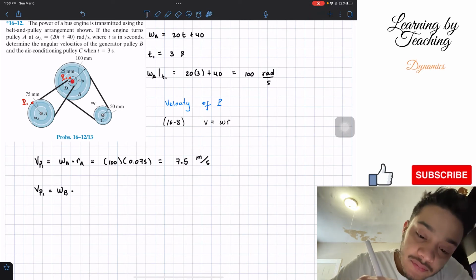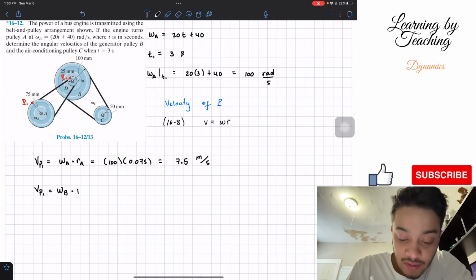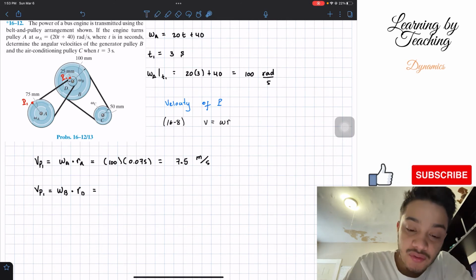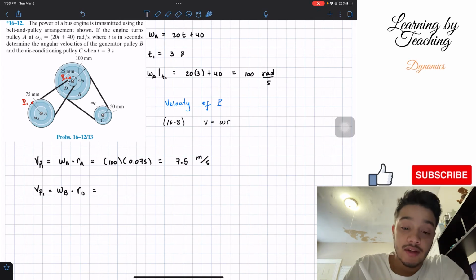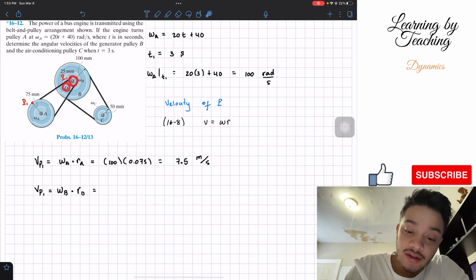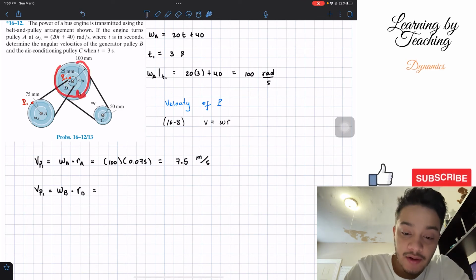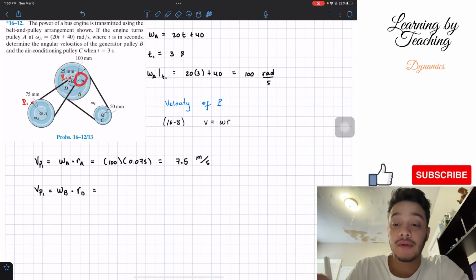The radius from here to there is described by this 25 millimeters, so I'm going to call it the radius of D. Just to show you, this little disk is called disk D and the big one is disk B. However, both of them have the same angular velocity of B.